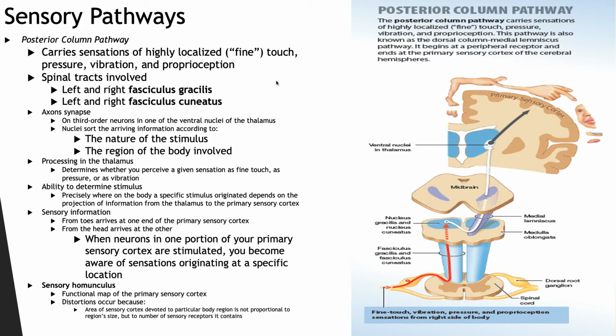The crossing of an axon from the left side to the right side, or from the right side to the left side, is known as decussation. Once on the opposite side of the brain, the axons enter the tract called the medial lemniscus.